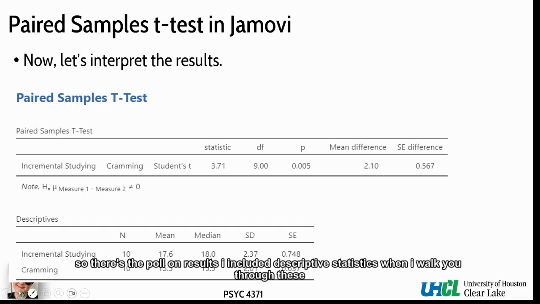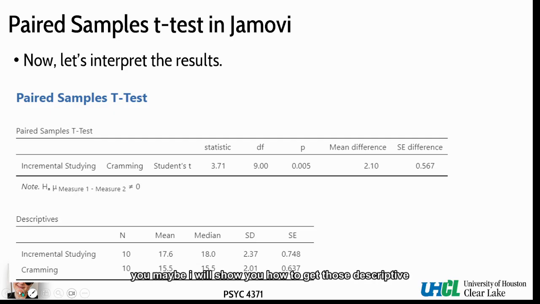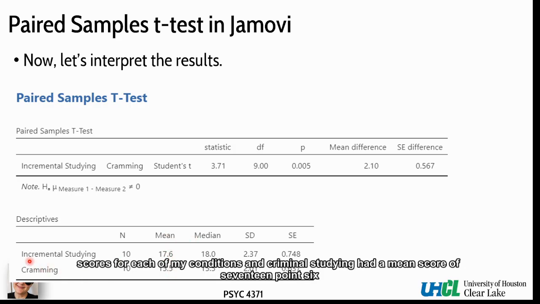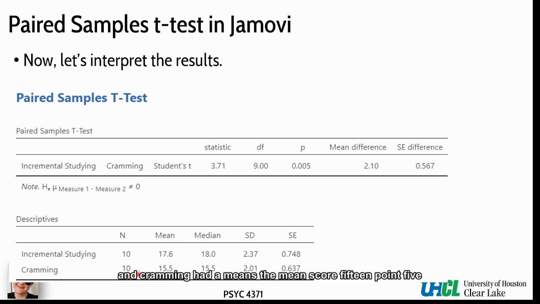So there's the full-on results. I included descriptive statistics. When I walk you through these in Jamovi, I will show you how to get those descriptives. But you've got your statistic again, your degrees of freedom, your p-value, the mean difference, and then I've got my means for my scores for each of my conditions. Incremental studying had a mean score of 17.6, and cramming had a mean score of 15.5.